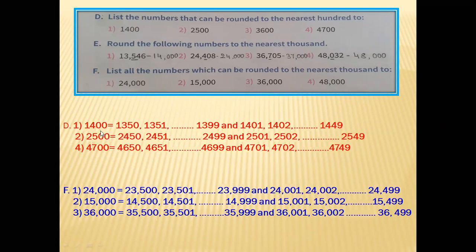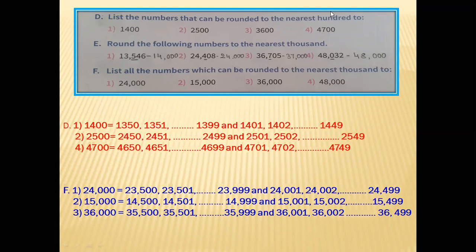Nearest 100 means which place do we have to see now? Tens place, right? In the tens place, 0 is there. From which number to which number? 1350 to 1449. These numbers are nearest to 1400. Well, see here, 1350 is there.